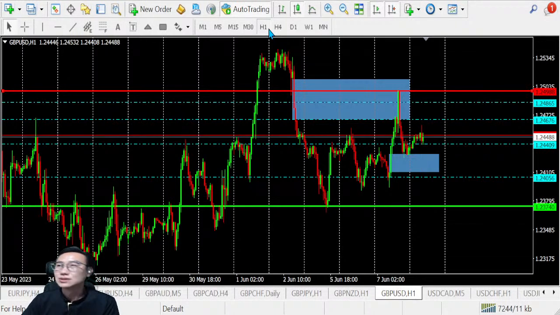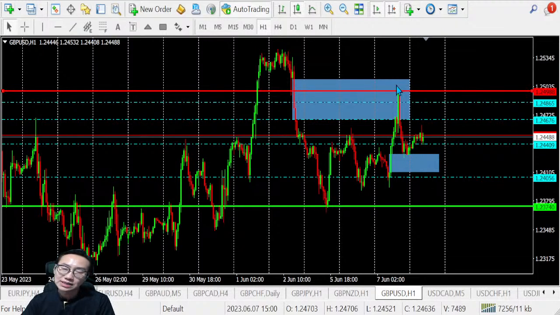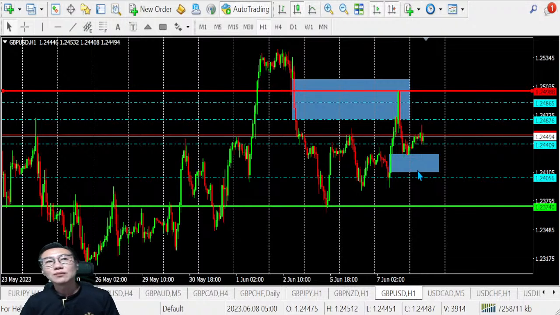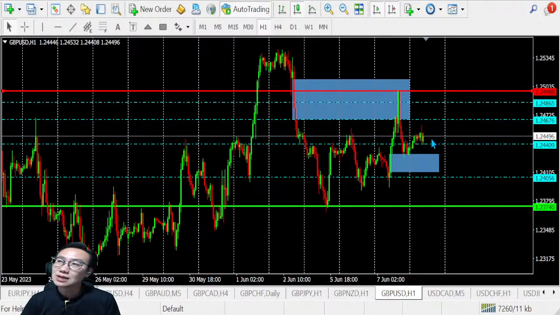It may either break above into this area, or it may break below into this area. So these are the two key areas that I'm looking out for. If I'm going to take any trade, most likely I'll be doing scalping downwards.